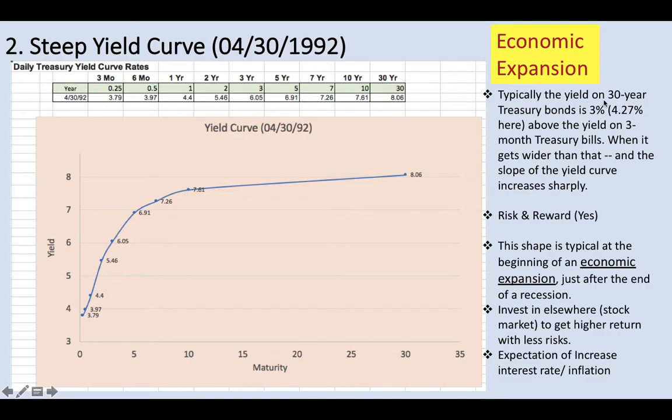Typically, the yield on the 30-year Treasury bond is 3% above the yield on 3-month Treasury bills. When the gap gets wider than that, the slope of the yield curve increases sharply. Here it is 4.27, so it's greater than 3%. So we can consider this a steep yield curve. Risk-reward, yes.